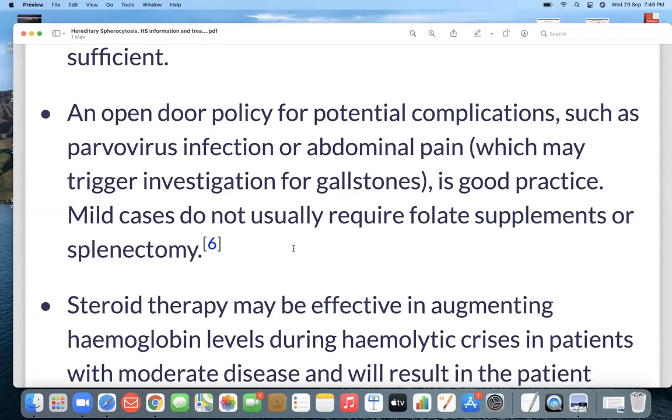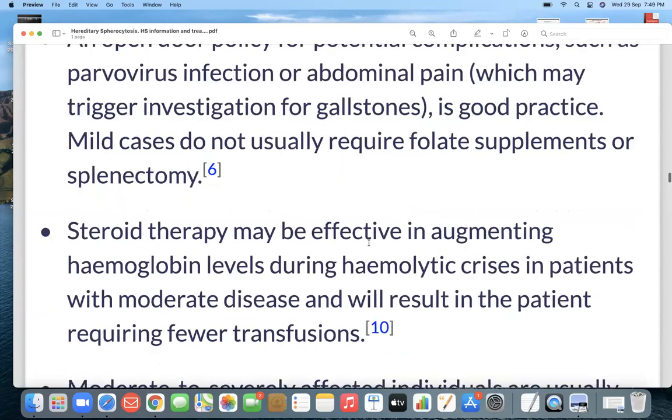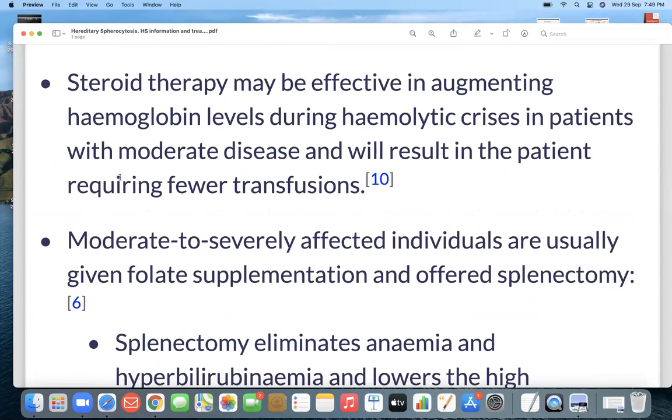Mild cases do not usually require folate supplements or splenectomy. As we said, for the indications, significant anemia impacting routine activities, only then will you go. Otherwise, in mild cases, no need for folate supplements or splenectomy. Steroid therapy may be effective in augmenting hemoglobin levels during hemolytic crisis in patients with moderate disease, and will result in the patient requiring fewer transfusions.